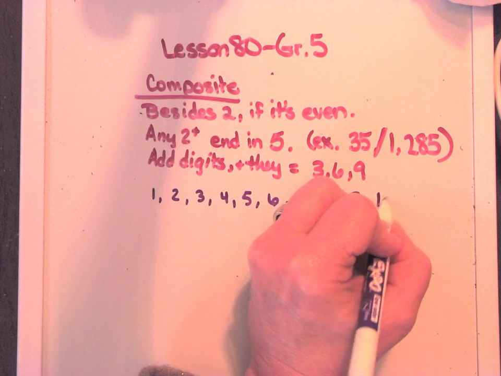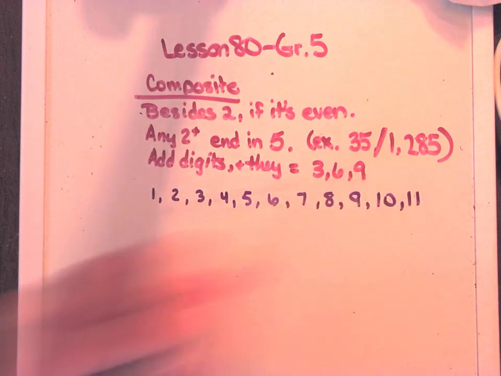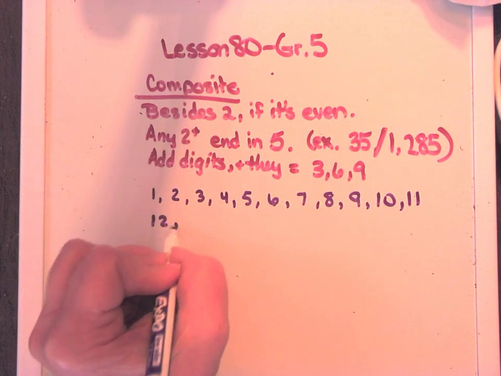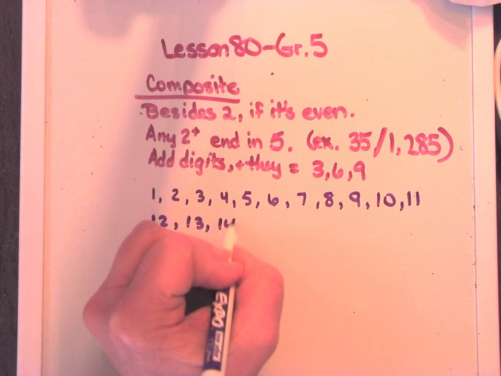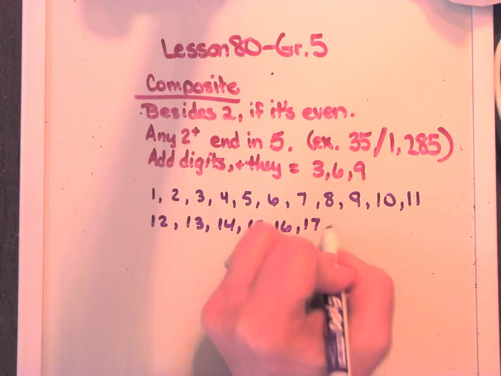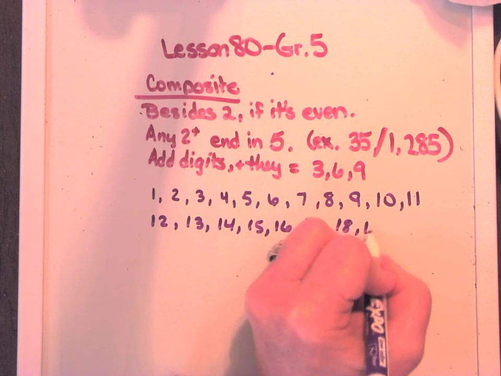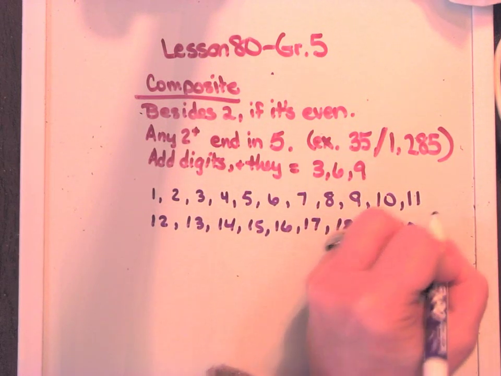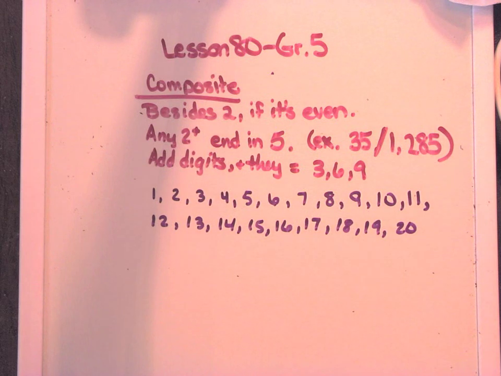Let's just do up through 20, and then we'll see if we have all that covered. So here are our numbers, and we're looking at prime and composite numbers.